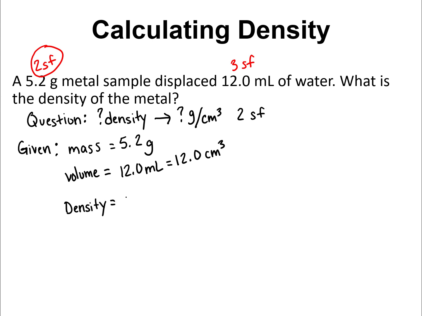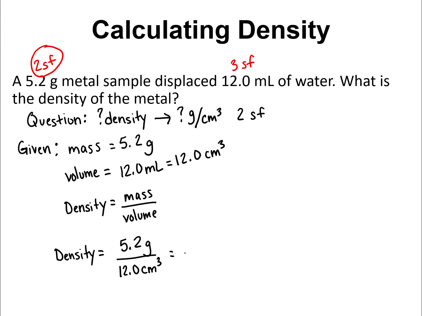We also know how to calculate density. Mass divided by volume. When you substitute in your numbers, you have 5.2 grams divided by 12.0 centimeters cubed. Does anybody have an answer?